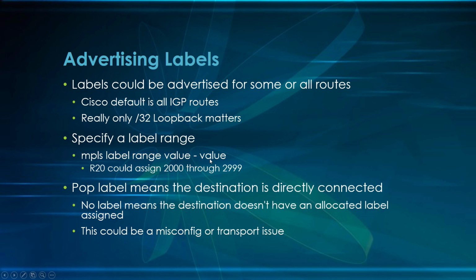The POP label means the destination is directly connected. No label means the destination doesn't have an allocated label assigned. This could be a misconfig or a transport issue. Depending on the situation at hand, that could be a big deal, or it could be exactly what you want. It's really up to what you determine to be acceptable.